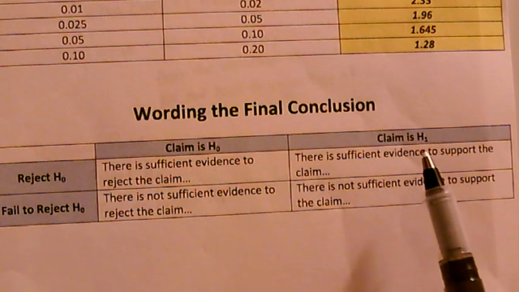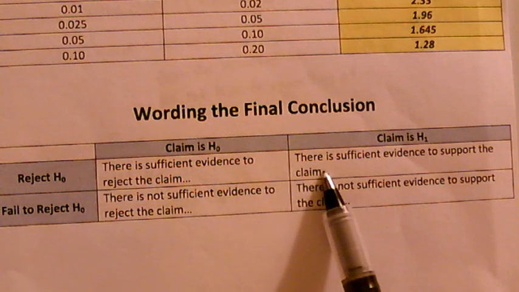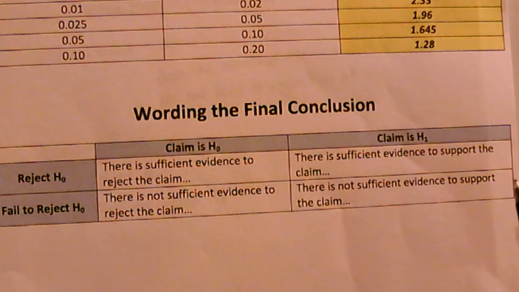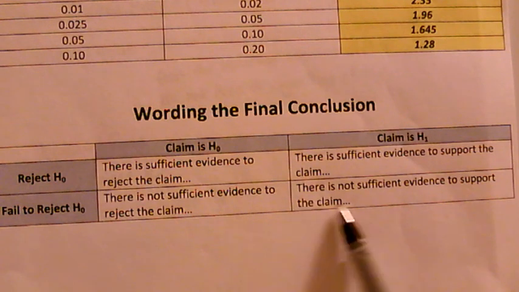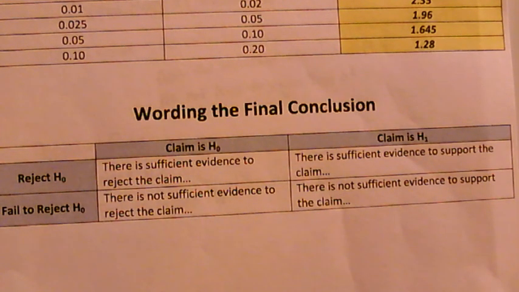Now, if your claim is the alternative hypothesis and you reject that null, then you'll start by saying that there is sufficient evidence to support the claim. Or, if the claim is your alternative hypothesis and you fail to reject the null, then there is not sufficient evidence to support the claim. Okay, so you'll be using this part right here to assist you in wording the final conclusion. And that's step number 8.